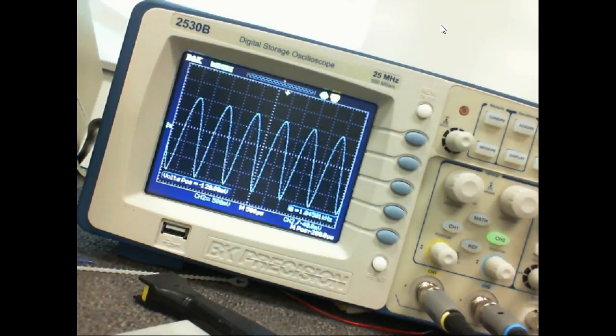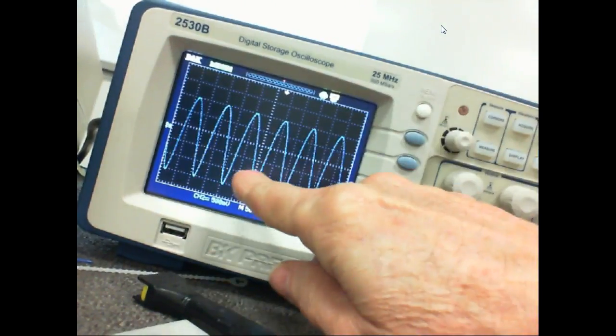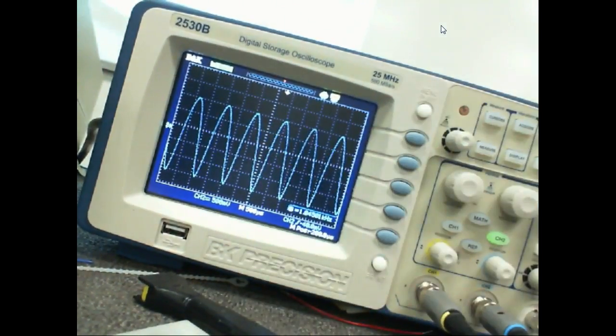Okay, so that's 500 millivolts per division. So that's 1, 2, 3, 4, 5 divisions. So what would that be? 500 millivolts, 5 divisions, that's 2.5 volts, right?